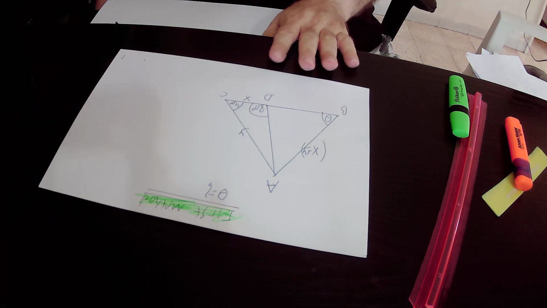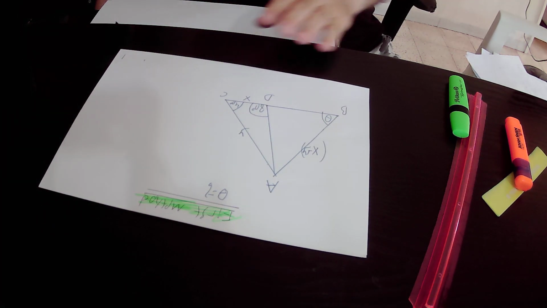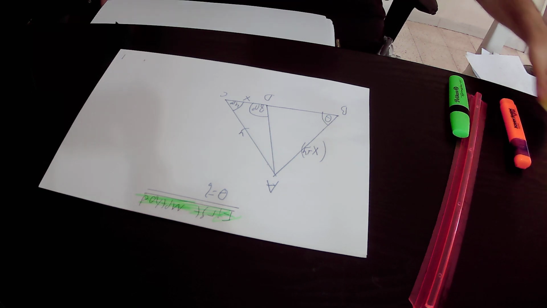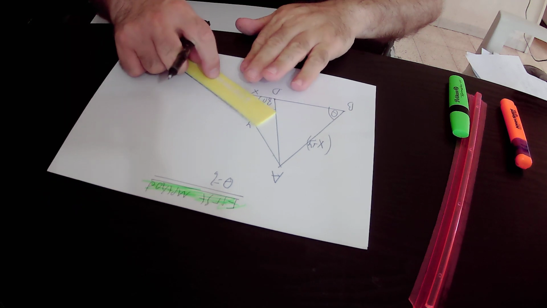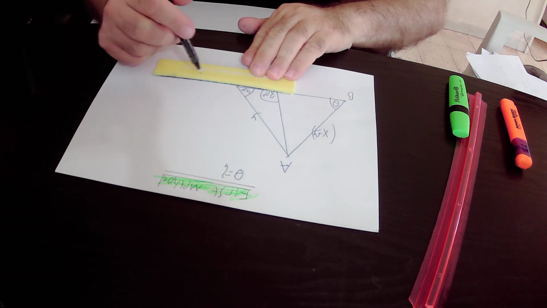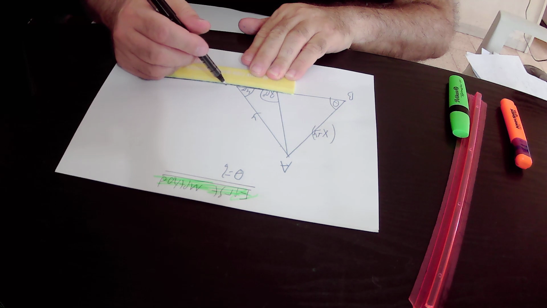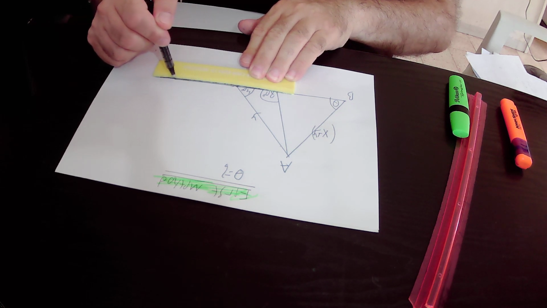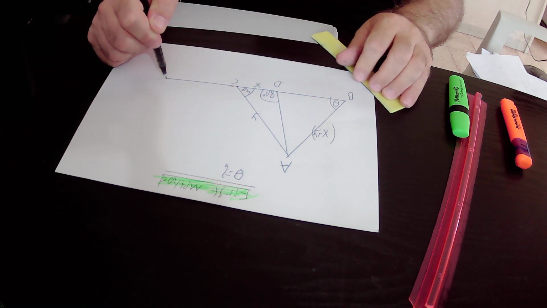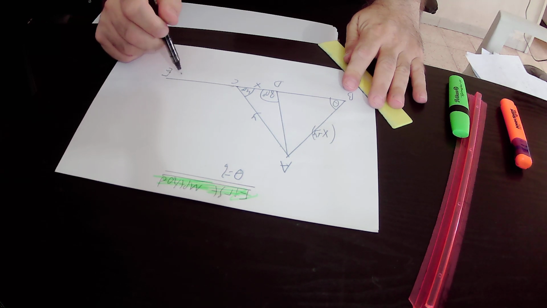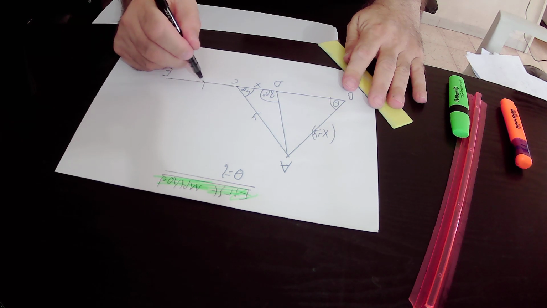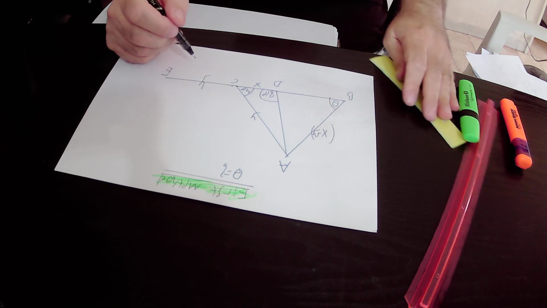So in the first method, we'll start with a construction. We'll extend side BC by a straight line by y units. So here, if this point is point E, then line segment CE equals y units according to our construction.